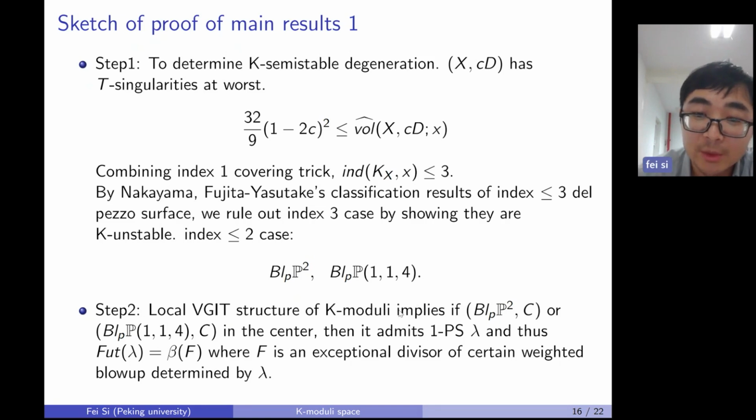So we can use this one-dimensional torus to compute its beta invariant. This beta invariant must vanish because it has this torus action. So the remaining task is just to compute the beta invariant obtained by a one-dimensional torus.